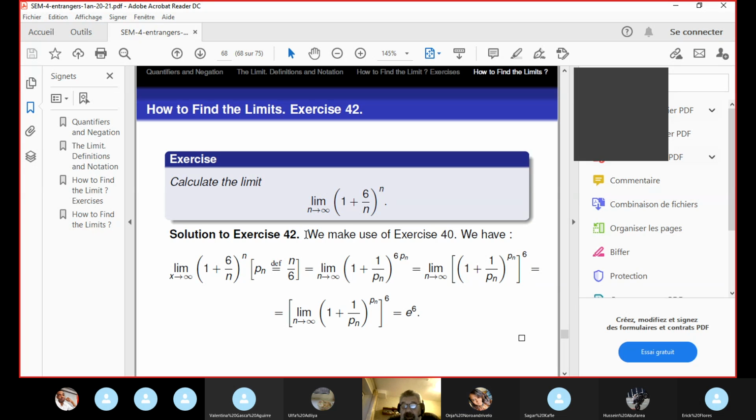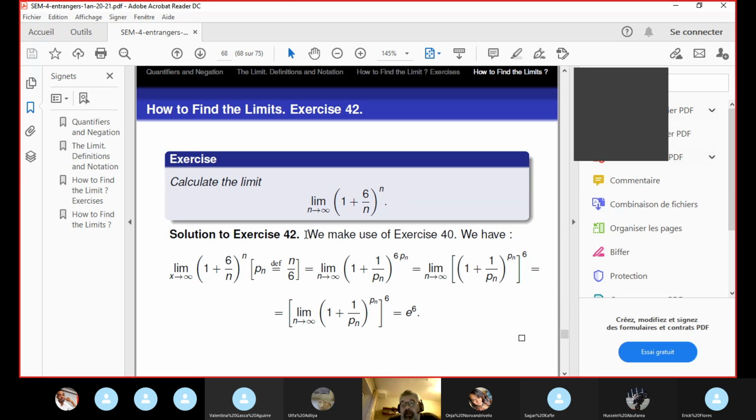You see, in fact, we have in the square bracket a continuous function. I can write it like x to the power 6. It is a continuous function, so I can put my limit into the square bracket.